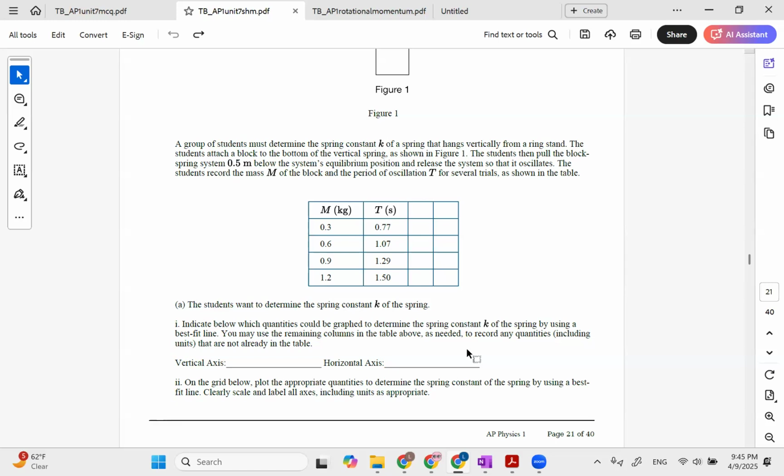Like from the graph, from the table above. Would it be mass and time? I'm not sure.